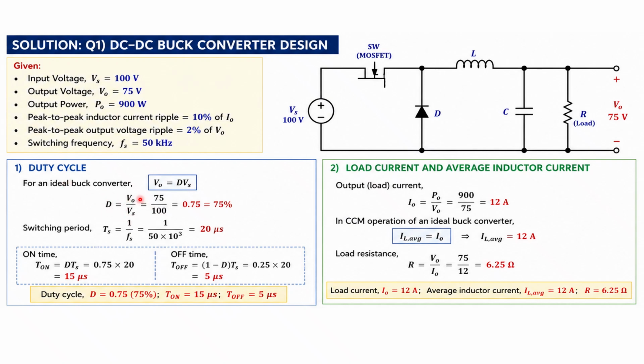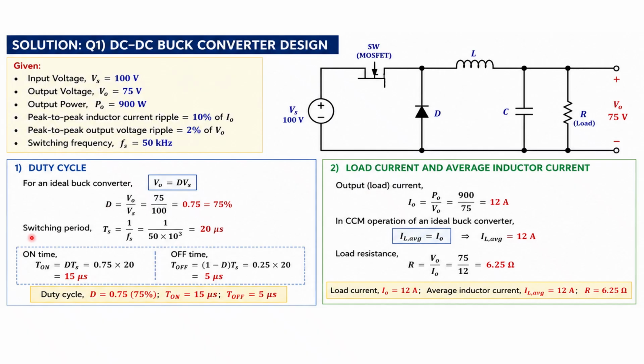Duty cycle D is V0 upon Vs. V0 is 75 volt and Vs is 100 volt, so 75 upon 100 is 0.75. If you represent it in percentage, the duty cycle is 75 percent.